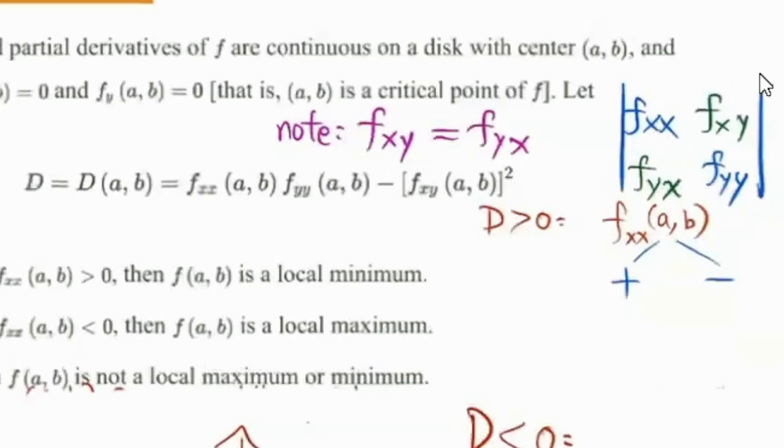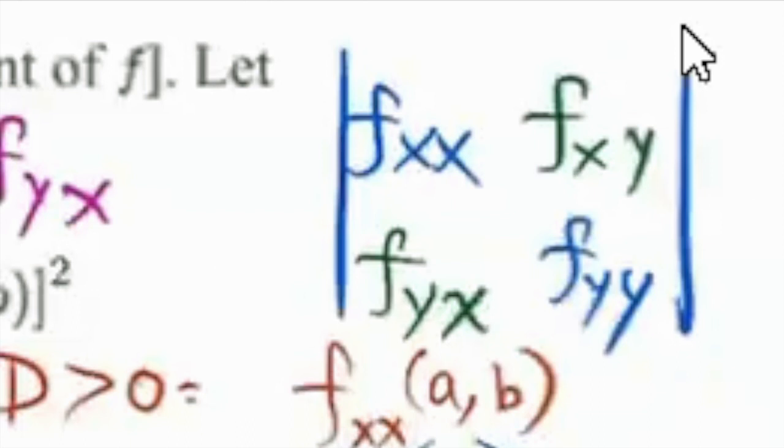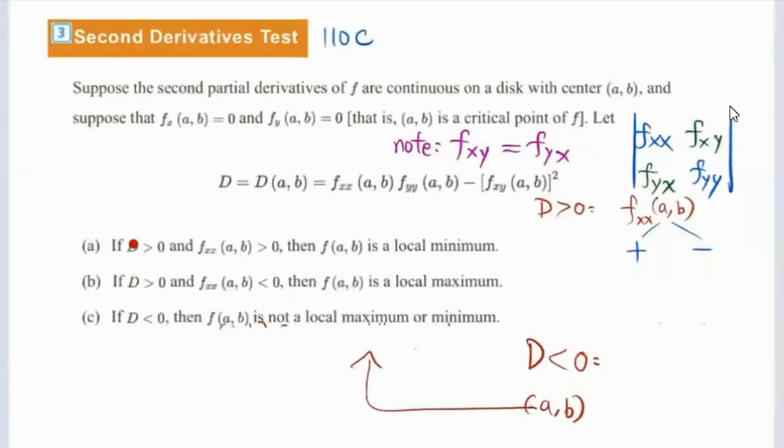Then D, the determinant of this matrix, has these cases. One is for D greater than 0. The last case here is for D less than 0 at (a, b).